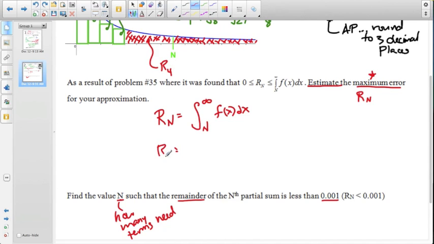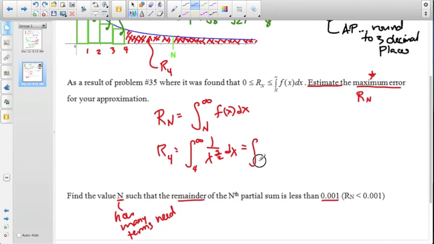This is your error for a partial sum of 4. And we're going to then start summing up the green rectangles from 4 to infinity. Okay, so we know this is 1, 2, 3, 4. So that's why we're integrating from 4 to infinity. We're leaving the first 4 rectangles as part of the sum and the remainder of the stuff as part of the remainder. So that would be 1 over x to the 3 halves dx.